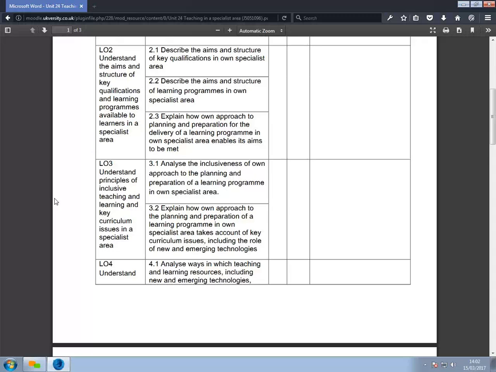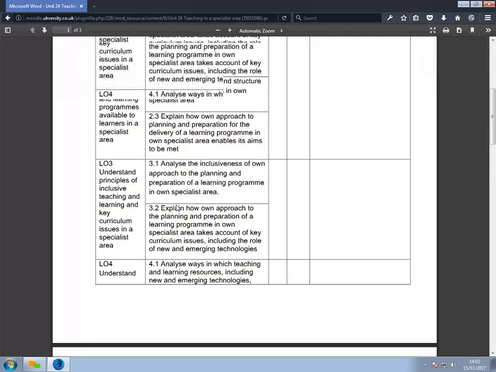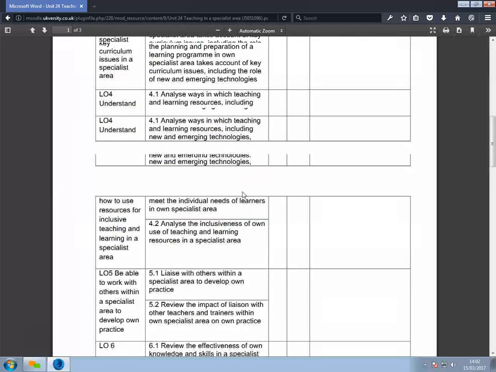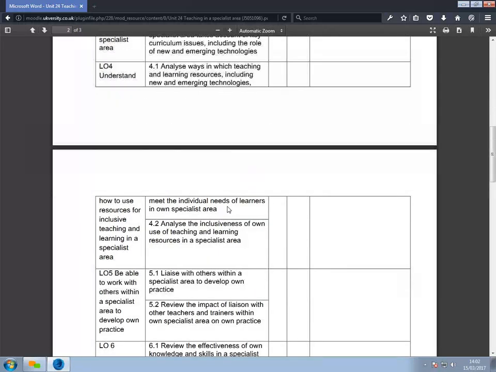Or any method that you use, it could be that you can bring specialist tutors online so that you can watch them. Analyse ways of teaching and learning resources, including new and emerging technology, that meet the individual needs of learners in the specialist area.